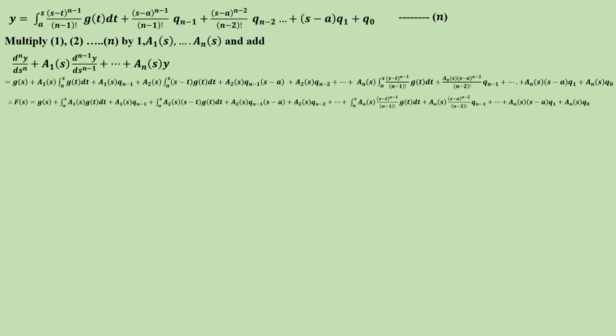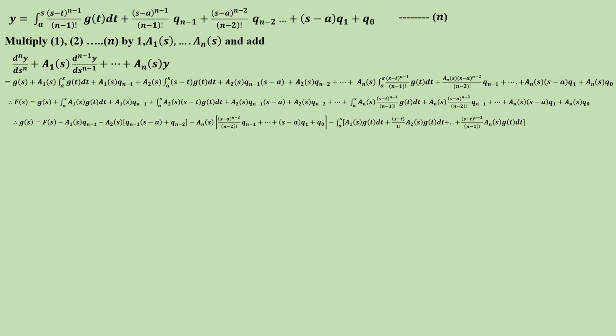Therefore g(s) is equal to f(s) minus a1(s) q_(n-1), minus a2(s)[q_(n-1)(s minus a) plus q_(n-2)], and so on. Because the integral from a to s of g(t) dt gives q_(n-1), that is what we are taking, so we are substituting that value.